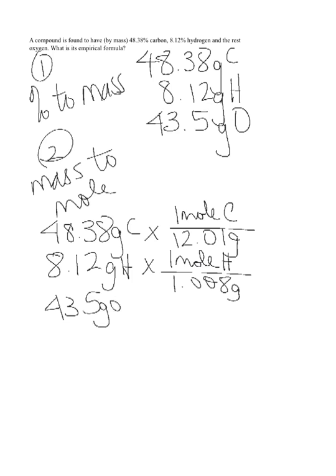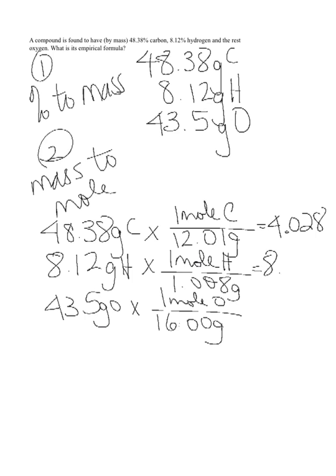43.5 grams of oxygen. 1 mole of oxygen weighs 16.00 grams. So let's go ahead and plug these into our calculator. 48.38 grams divided by 12.01 should get you 4.028 moles of carbon. 8.12 divided by 1.008 should get you 8.056 moles of hydrogen.